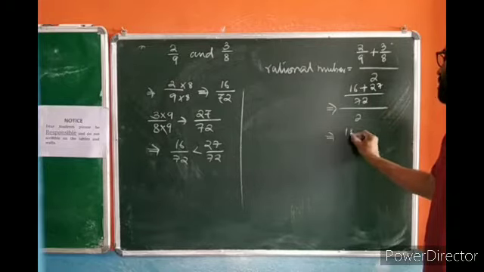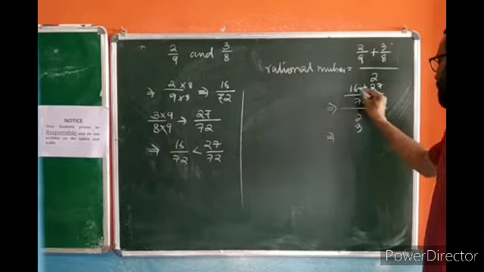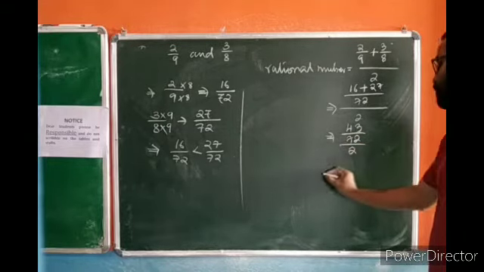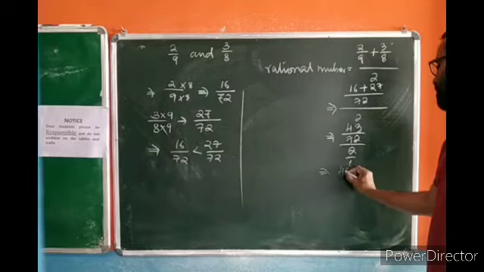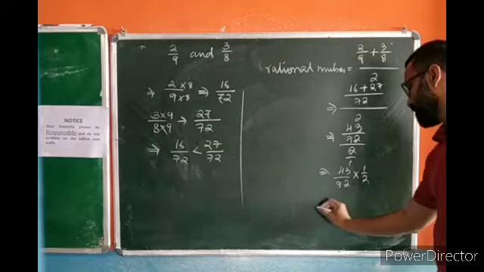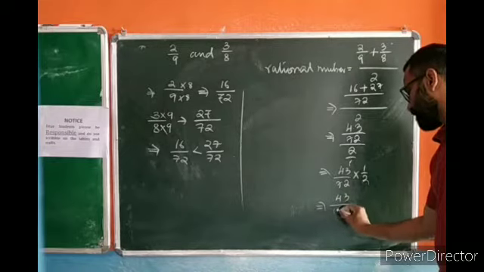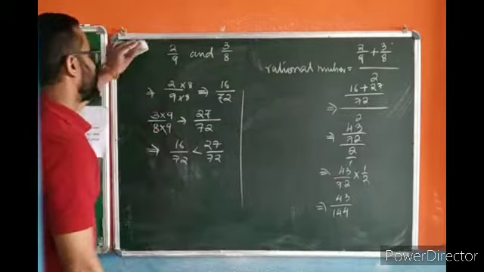Add it up, 16 plus 27, it is 43 by 72, divided by 2. Reciprocate this. We get 43 by 72 into 1 by 2, which is equal to 43 divided by 144.